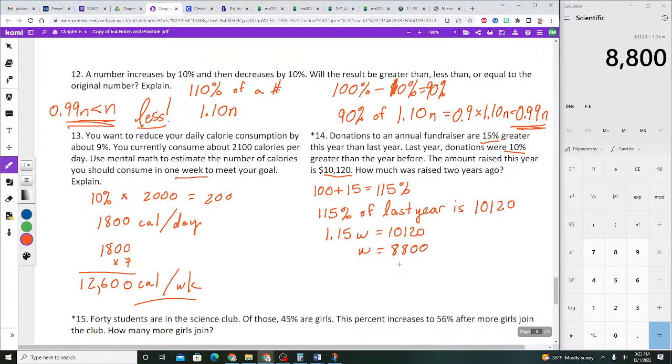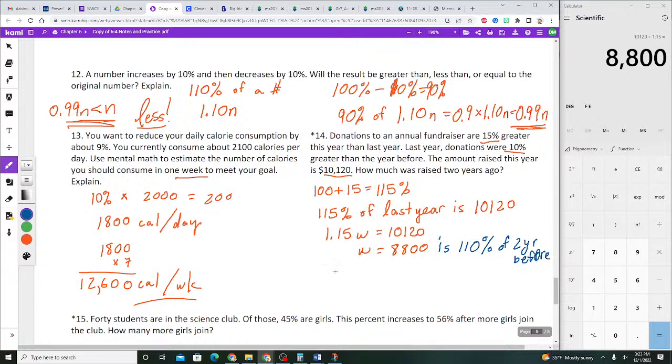Now that was last year. We now want the year before that. So this 8,800 is 110%, because we're 10% greater, 110% of 2 years before.